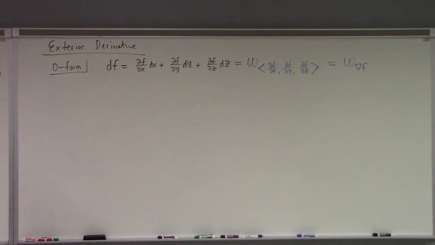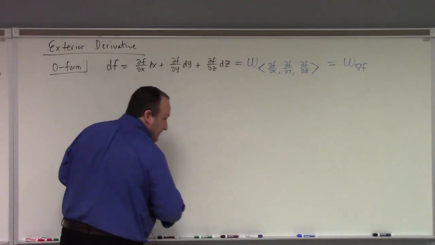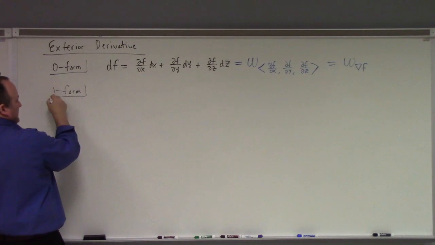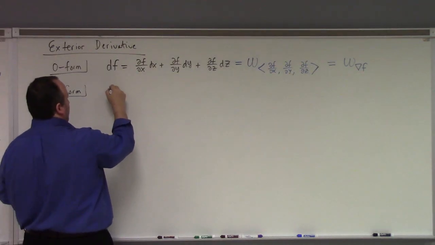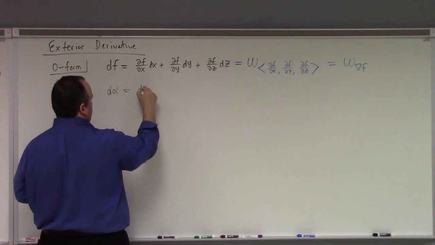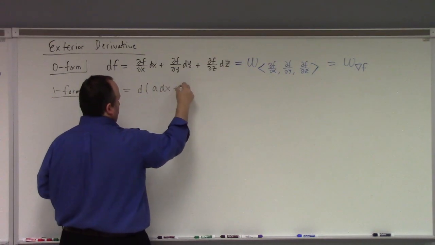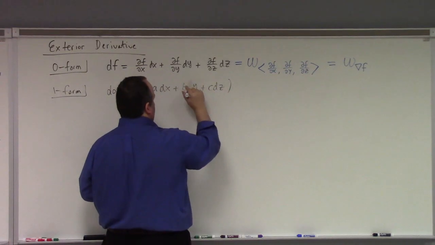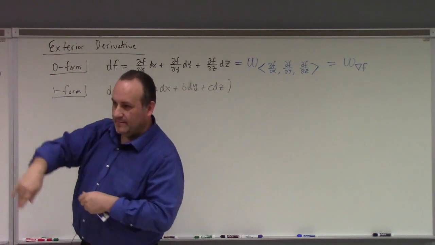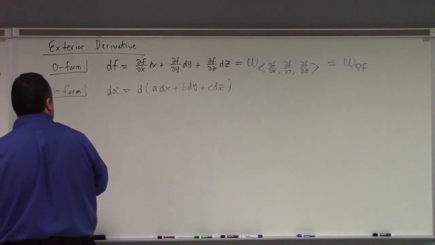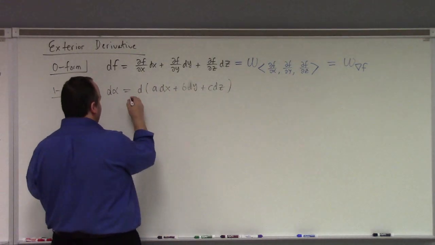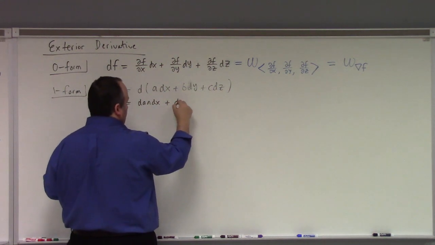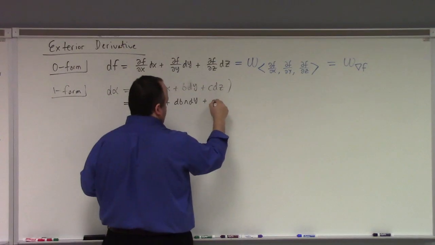What happens then with the one form? How do we define the exterior derivative of a one form? So the answer is just naturally, what's d alpha? Alpha is a dx plus b dy plus c dz like we did before. It's dA wedge dx plus dB wedge dy plus dC wedge dz.